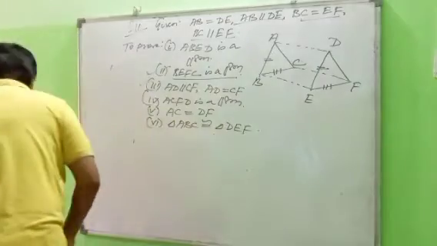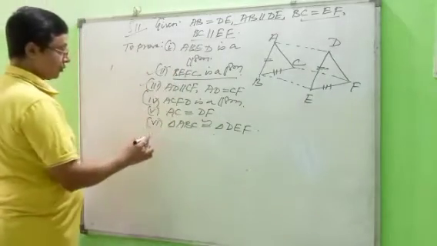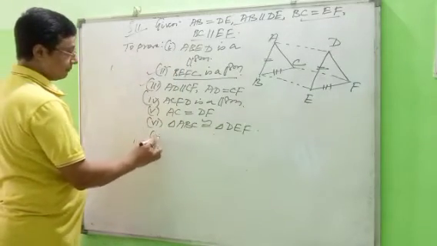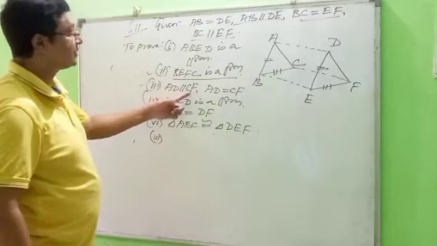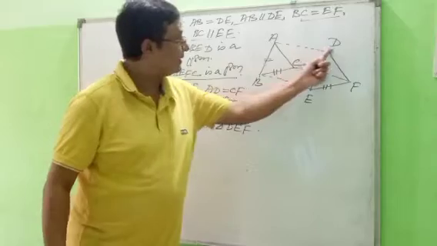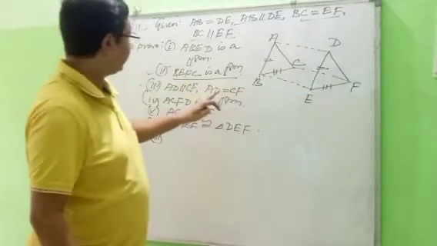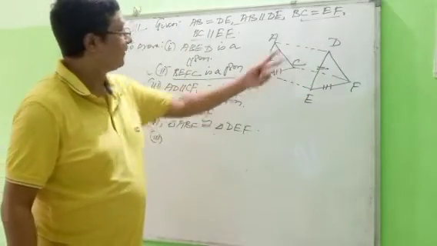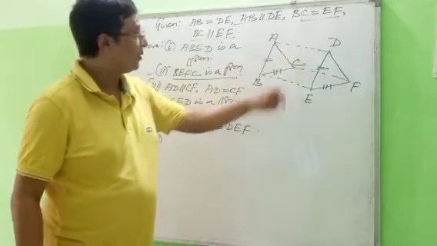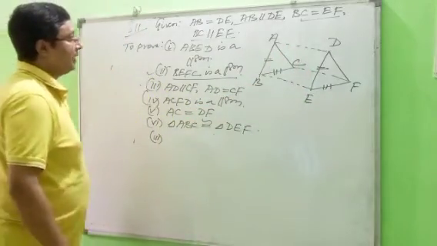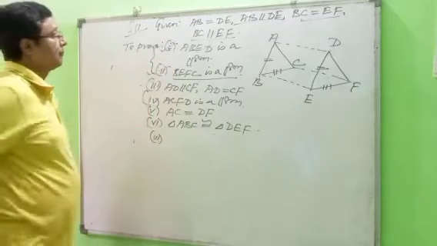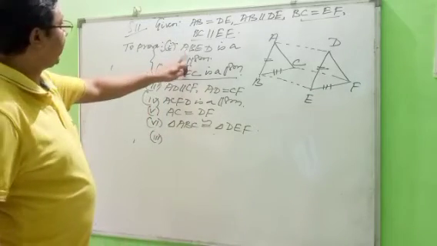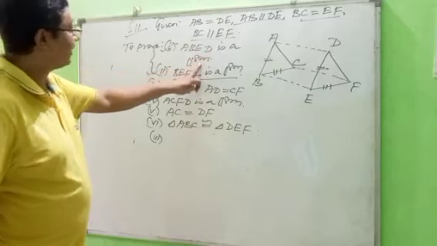You have proved in 1 and 2, so to get this you will have to go back to 1 and 2. In the first case, you got that ABED is a parallelogram.